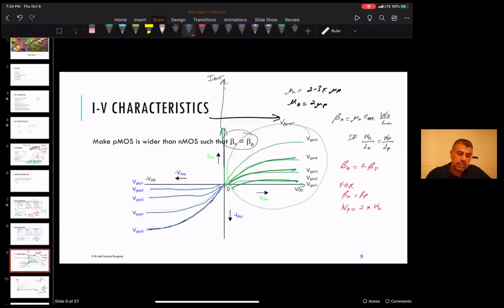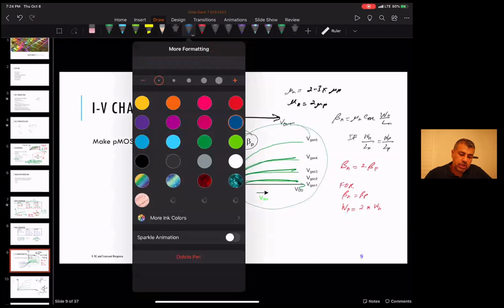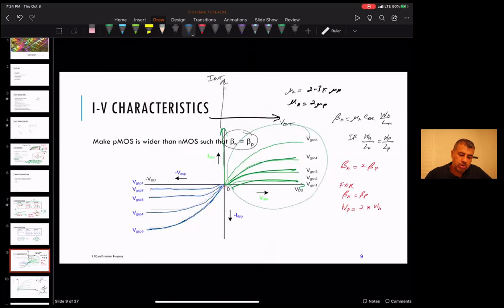So to put the P here, we would mirror the currents up here. So the P currents will look like this. Okay, mirror from here to here. And then to put it in terms of V out, you have to shift these curves over by VDD.